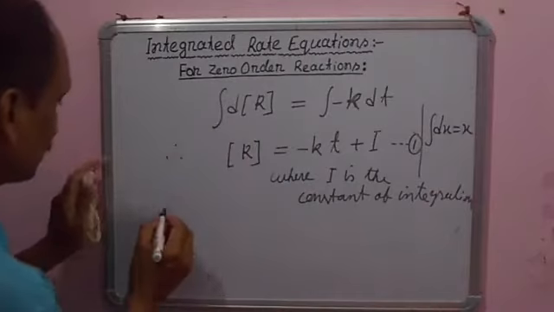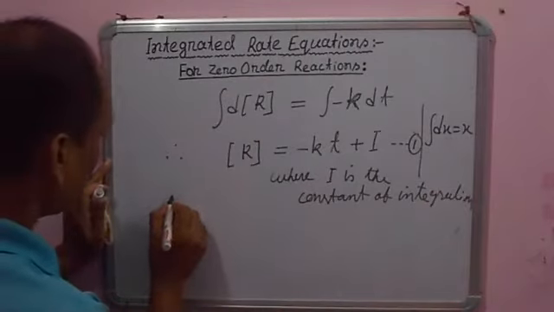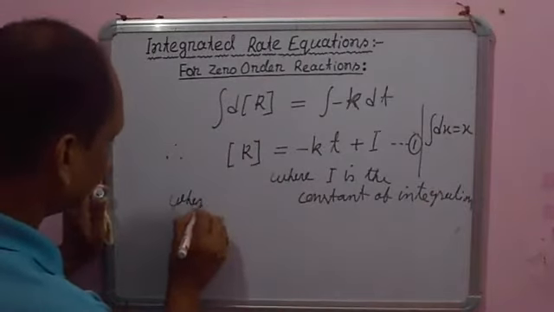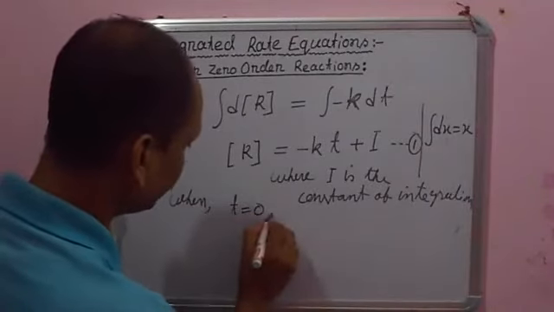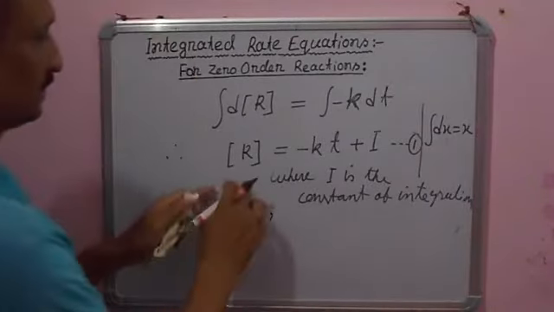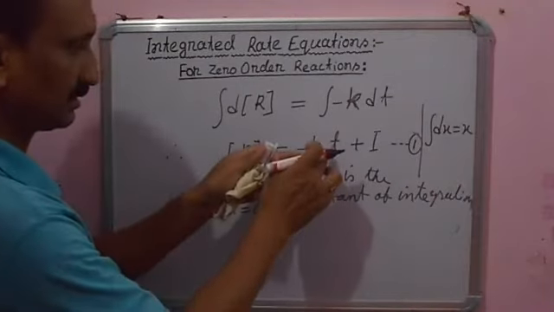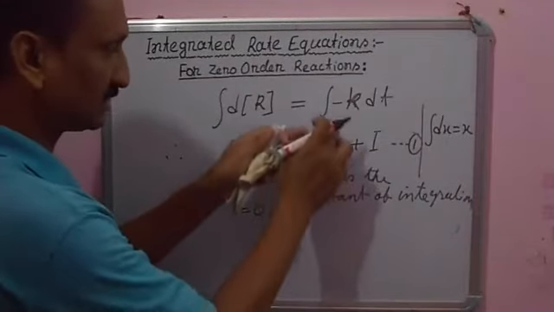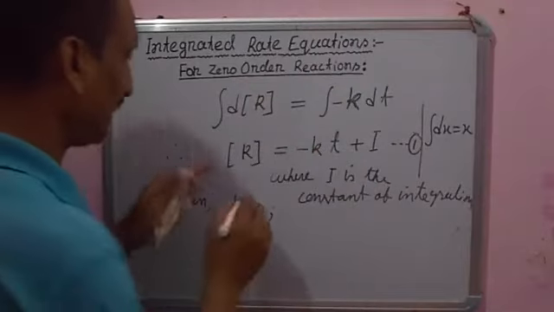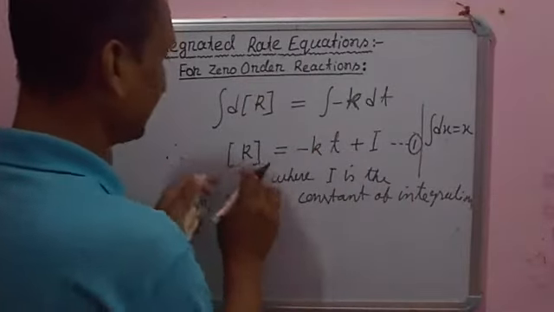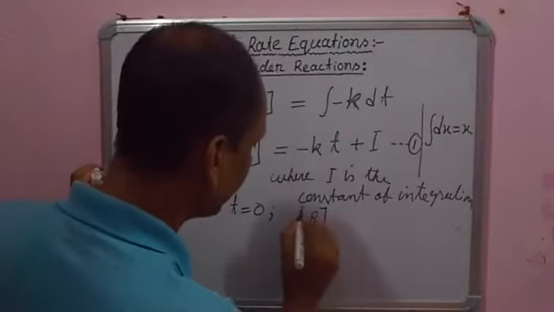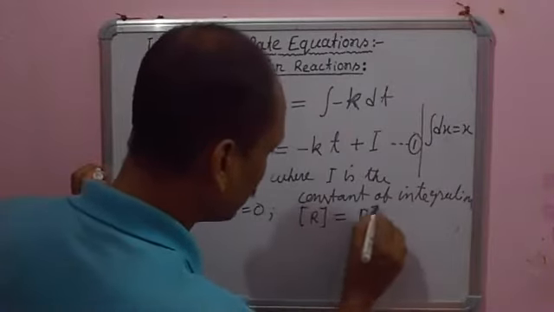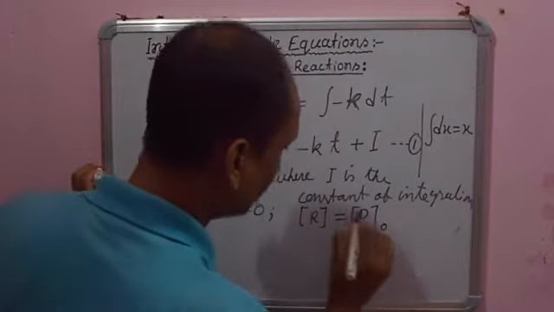So when t is equal to 0, [R] will be equal to [R]0.